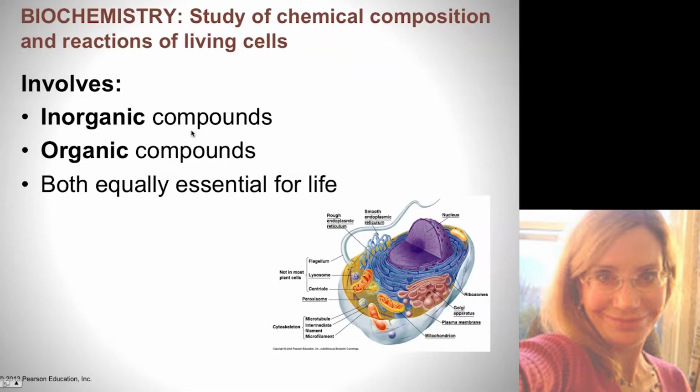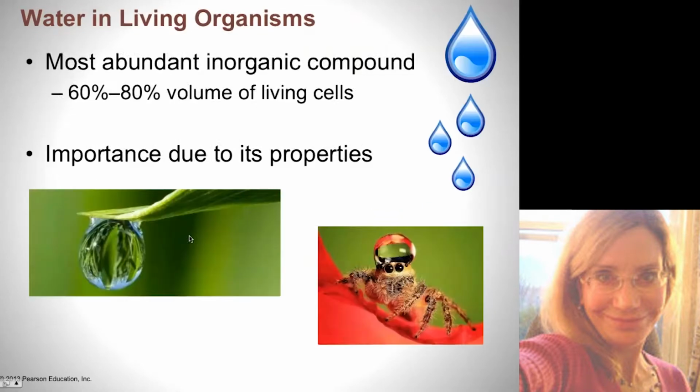But anytime you have a molecule that has two or more different kinds of atoms, that is called a compound. So biochemistry involves inorganic compounds, simpler molecules, and also organic compounds. Both of these are equally essential for life. We're going to be talking about organic compounds.